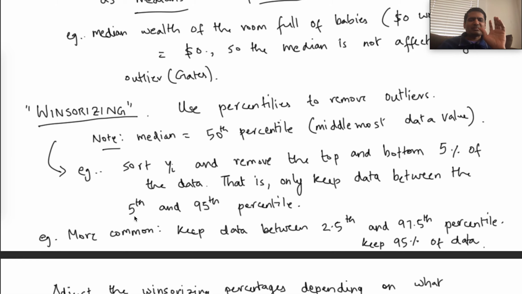Okay, so you're basically keeping 90% of the data. That would be called Winsorizing or things like that. A bit more common is keeping 95% of the data, which is going between the 2.5th percentile and the 97.5th percentile of the data. Okay, and that works pretty well.